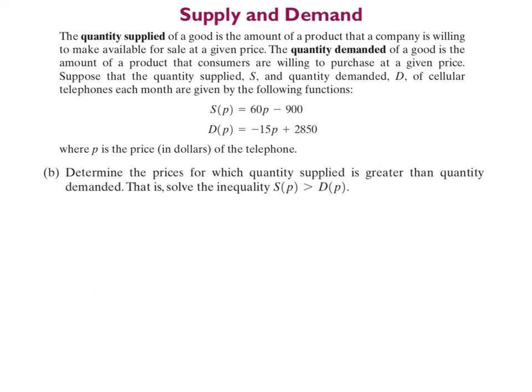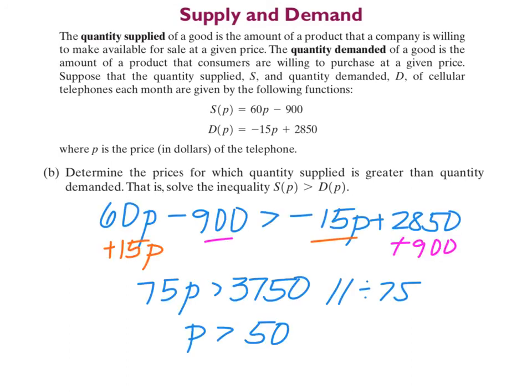Next, we're being tasked to determine the prices for which quantity supplied is greater than quantity demanded. So if this is quantity supplied and this is quantity demanded, we set this one greater than this one. And let's see what the price is. So essentially, it's the same equation as the last slide, except we're working with an inequality symbol.